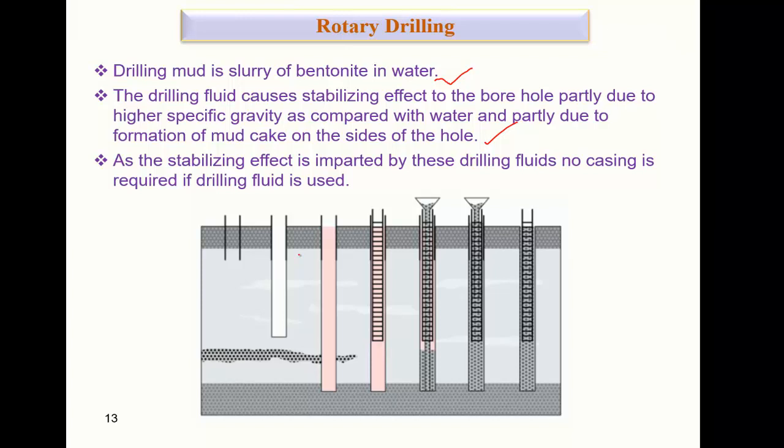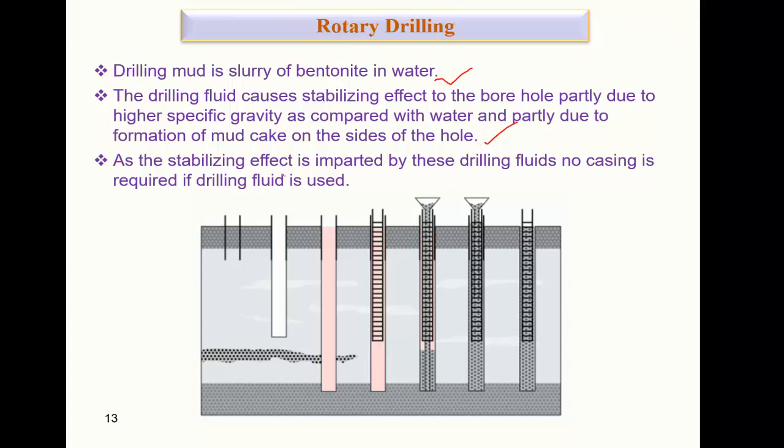If there is loose or very sandy soil, what is the tendency of this kind of sand? Whenever it has contact with water or some moisture, it tries to flow away and cave in. But if you use bentonite, this tendency is gone.